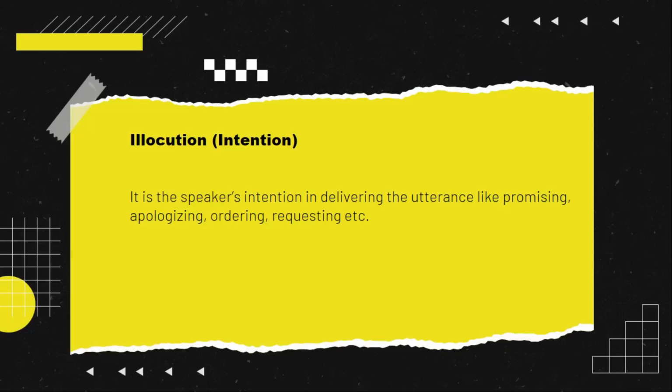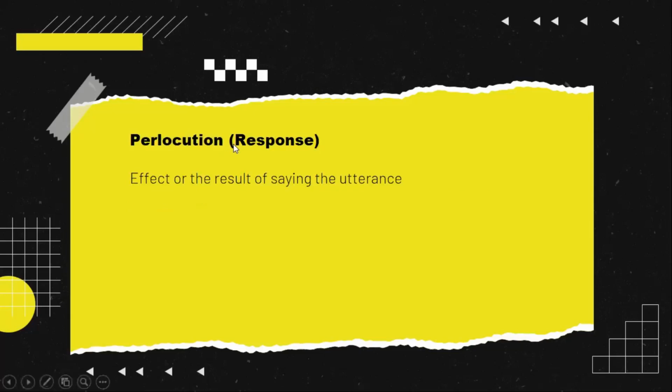Just like what was said here, the intentions of the speaker might be promising, apologizing, ordering, requesting, etc. That is elocution, the intention of the speaker in delivering the utterance.